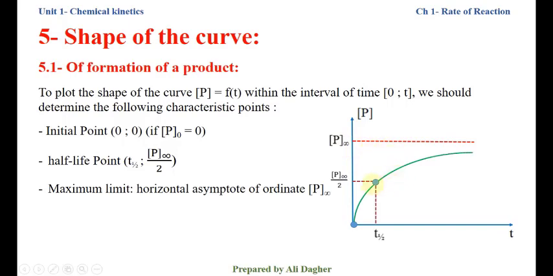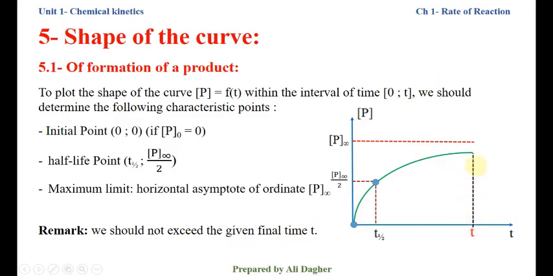Then this is the shape of the curve. But remark, we should not exceed the given final time t. For example, if this is the final time t, then the shape of the curve should not exceed this time. We should not continue drawing after t.